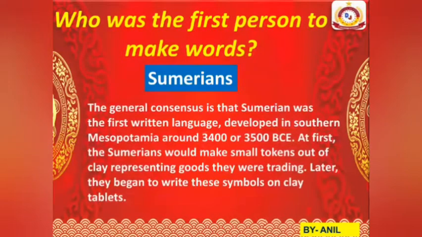At first, the Sumerians would make small tokens out of clay, representing goods that they were trading. So the goods were helping them. Later, they began to write these symbols on clay tablets, and through that they invented the process of writing, through which they invented words, and then they generated the meaning of such words.